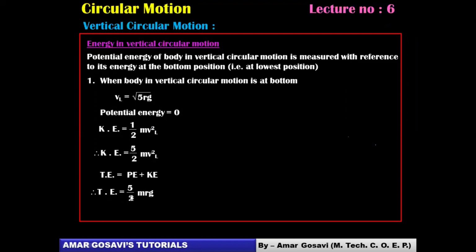So the total energy at the bottom can be worked out as 5 by 2 mrg. The correction is instead of v square L, it should be rg. That's the only correction. So I got the equation for total energy at the bottom, and the value is 5 by 2 mrg. Please make a note of this.